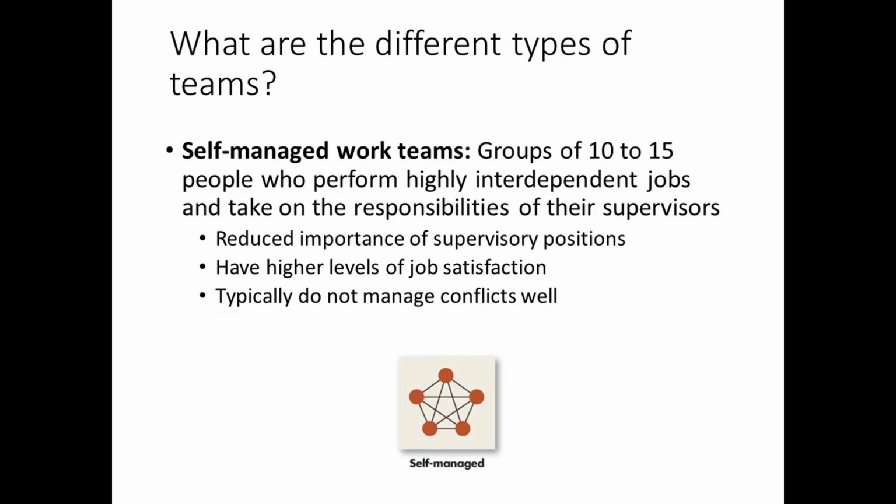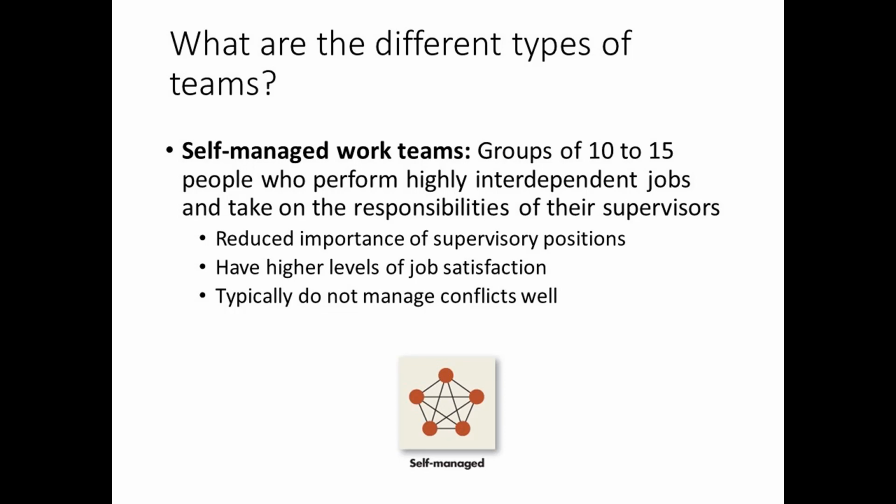Self-managed teams are groups of employees who perform highly related or interdependent jobs and take on many of the responsibilities of supervisors. In this way, they are a lot like autonomous work groups.